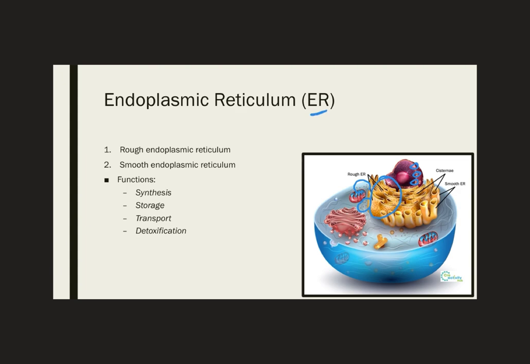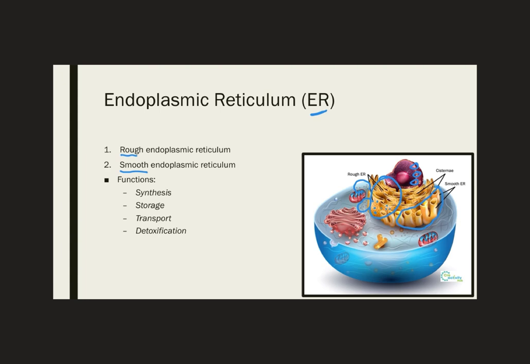This means that there are two types of ER: what we call a rough ER, which has ribosomes attached to it, as we see over here. Notice all these tiny little dots on the ER. The other type is known as the smooth ER, which will not have ribosomes attached to it. Makes sense, right?